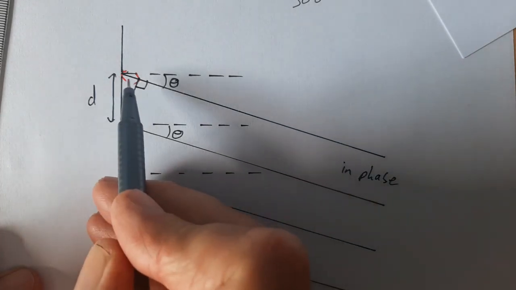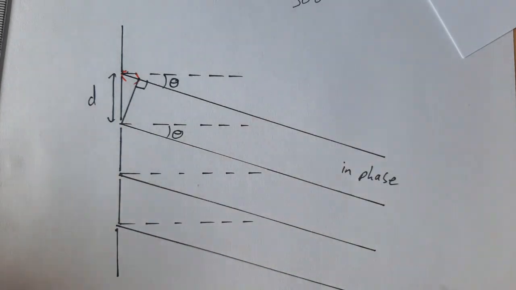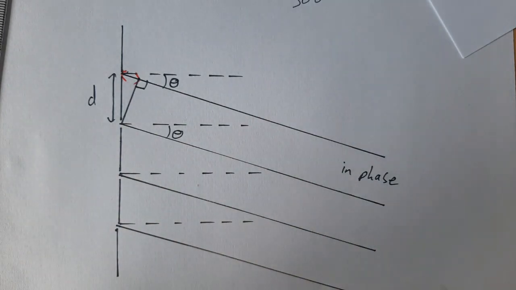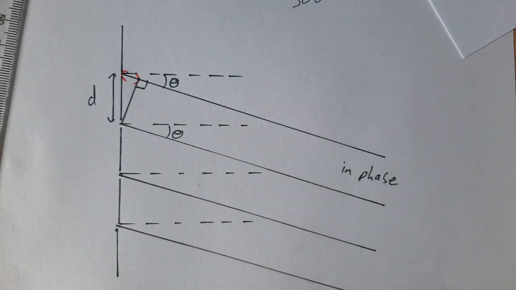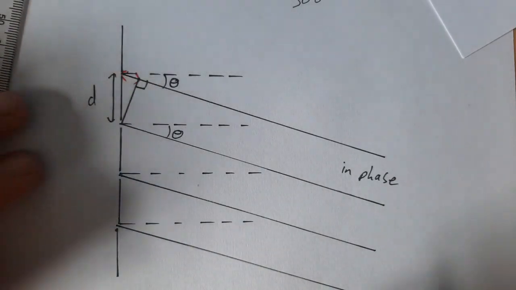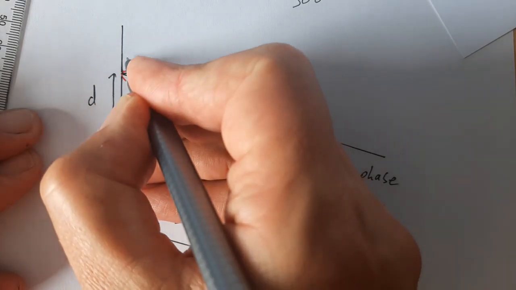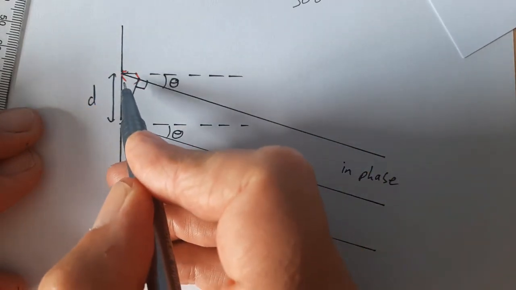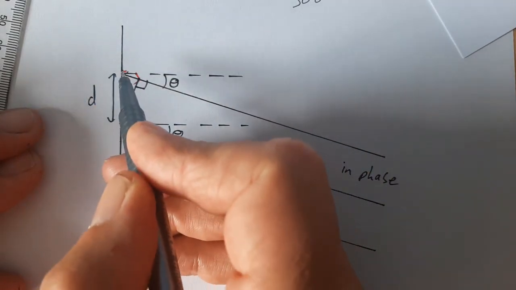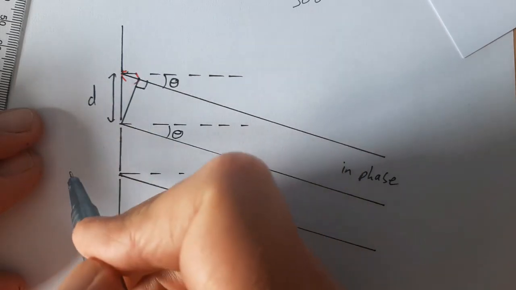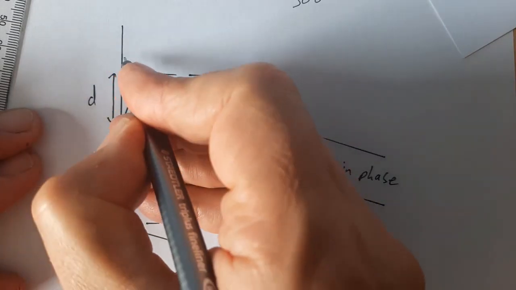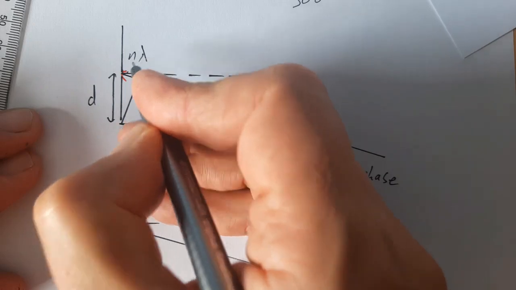This is the extra amount of distance it travelled. Well, if they're in phase, then that must tell us something about how big that path difference is. It could be 1 lambda, 2 lambda, 3 lambda, or no lambda, which would be the straight ahead. So this distance here is n lambda.